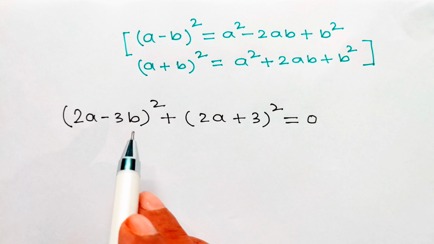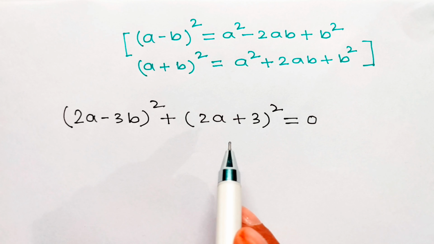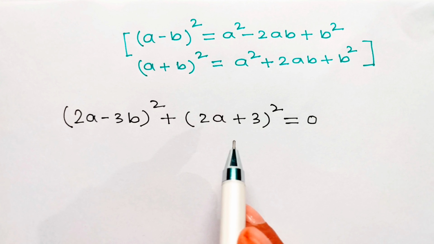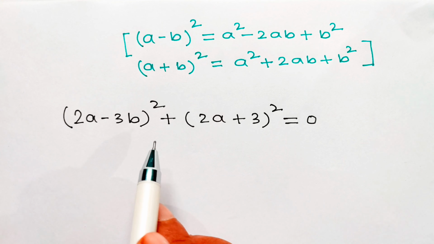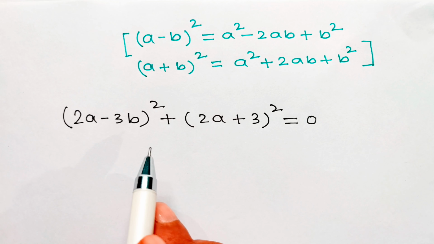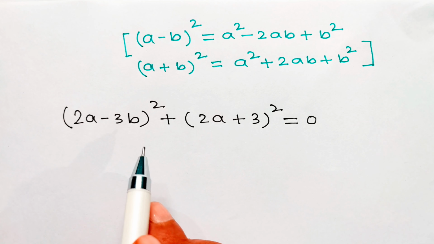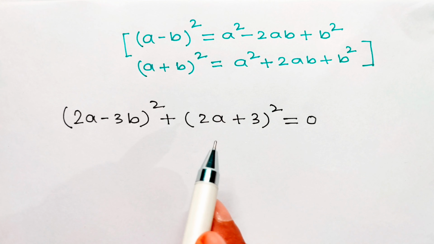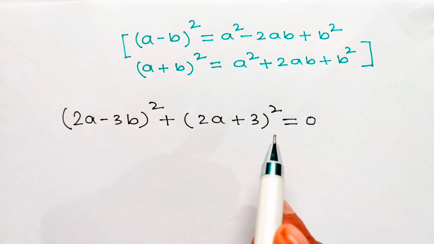Hence (2a − 3b)² and (2a + 3)² always give positive values. The sum of two positive numbers is 0 only when each term of the left hand side is 0.